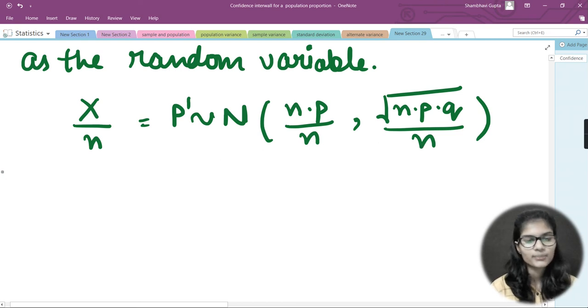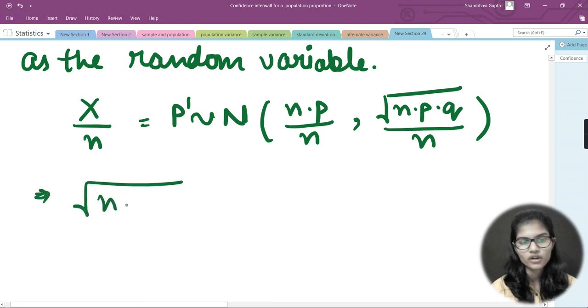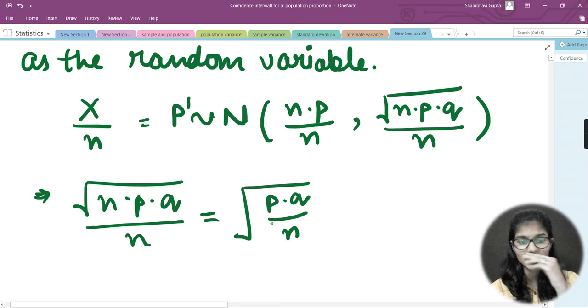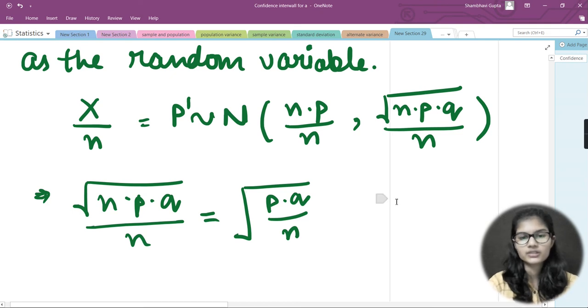If we simplify it using algebra, the output is that under root of n dot p dot q divided by n is equal to under root of p dot q divided by n, right? This is the formula you get after the algebra. Come to the next line.